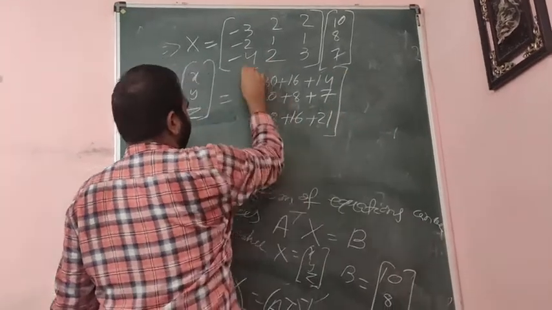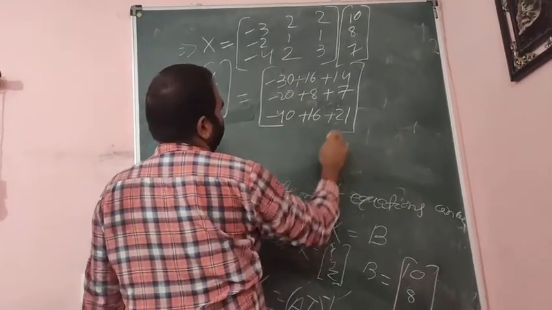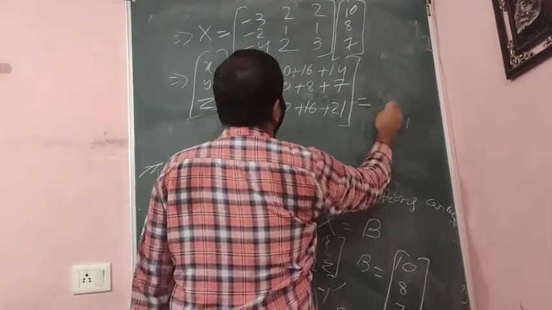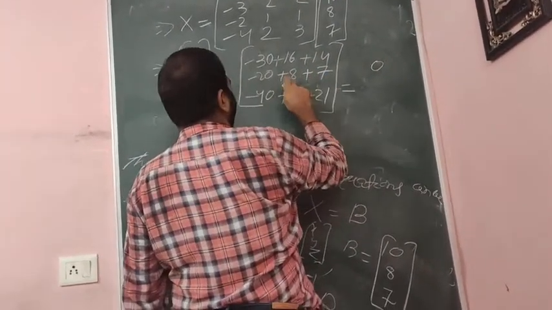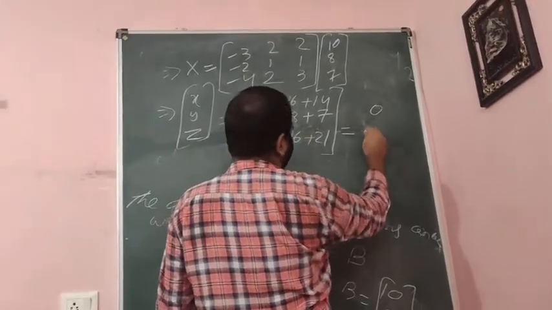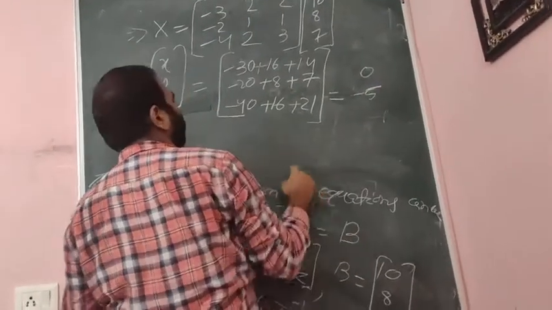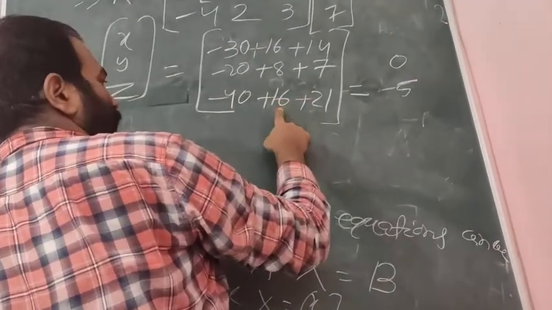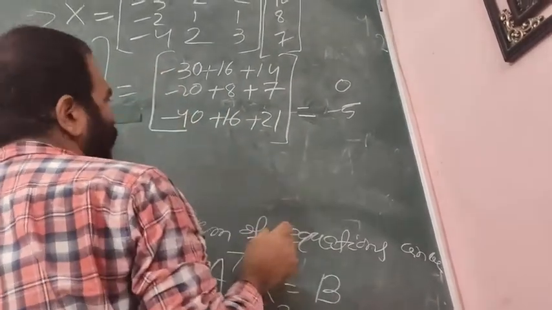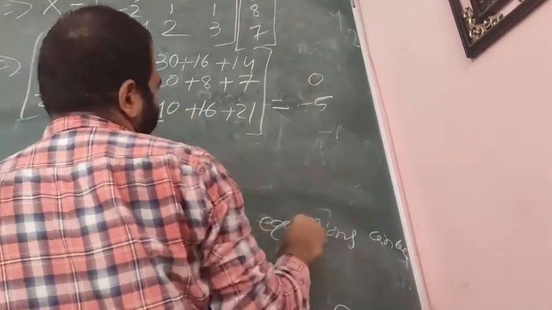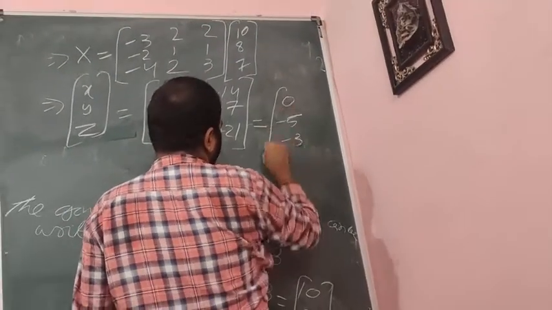Okay? So now you get here, 30 minus 30 is 0, here 15 minus 20 is minus 5, and here 21 plus 16 is 37, 37 minus 40, it is minus 3.